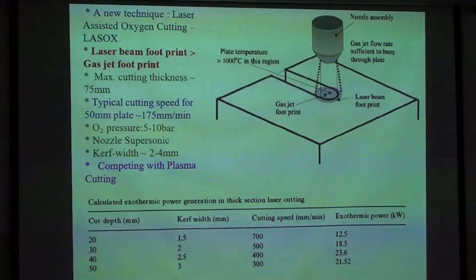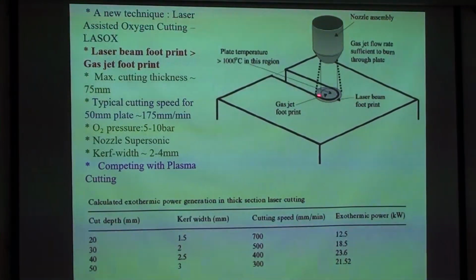So far, whatever we have seen, laser is used to melt the material, and then some gas is there, and that is just removing the material. But in this particular process, the actual cutting is being performed by pressurized oxygen gas. Laser is facilitating the cutting process.